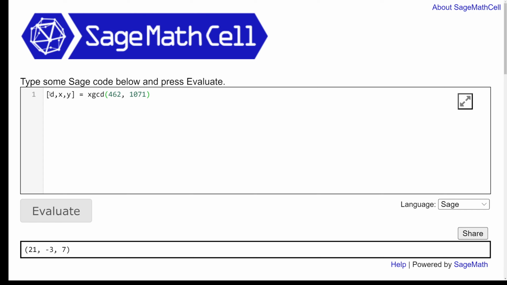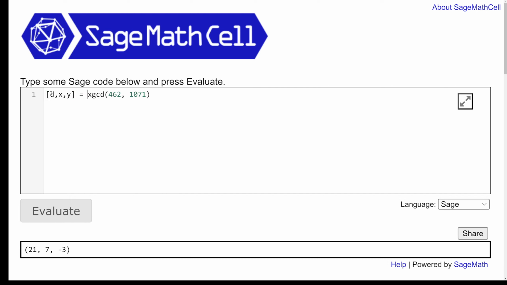So d is going to get assigned the first thing in the list, the GCD. x will get assigned the second thing, and y the third thing.